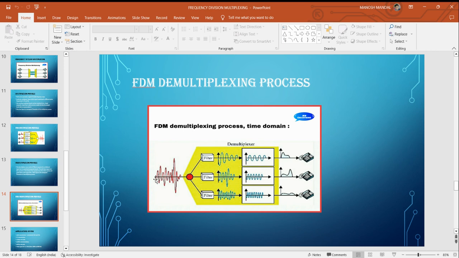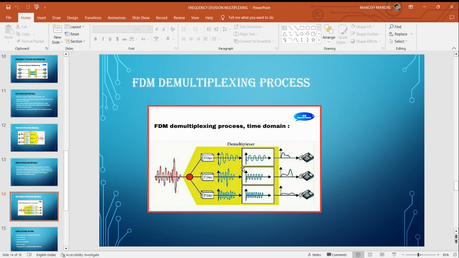Here the composite signal is coming through the transmission channel. By using a demultiplexer, we demultiplex the frequencies, and by using band pass filters, we select some frequencies. Then we use the same carrier frequencies that we assigned on the transmitting side.